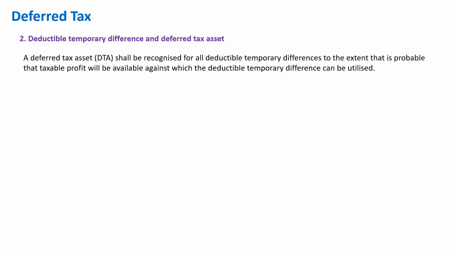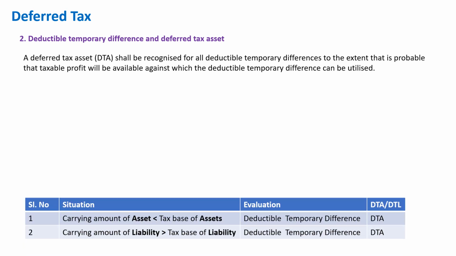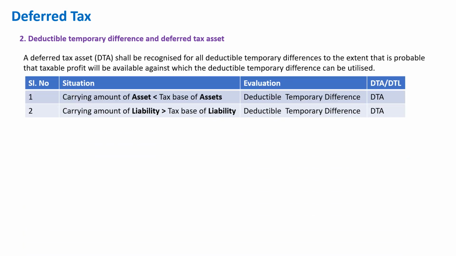If there is no certainty that the company will be earning good taxable profits in future, then the company can't recognize the DTA because it can't utilize the DTA in future. If the carrying amount of asset is lower than the tax base of asset, then DTA needs to be created. Similarly, if the carrying amount of liability is more than the tax base of the liability, then DTA needs to be created.